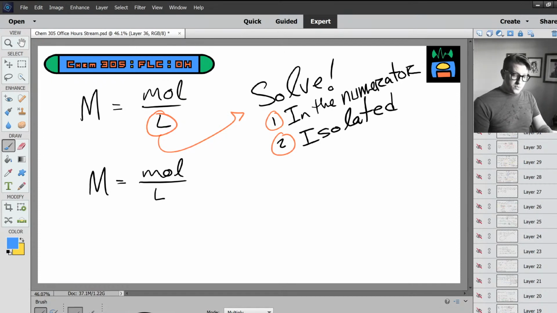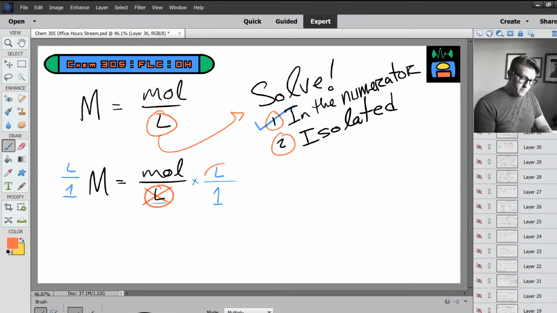So the first thing we need to do is get our liters out of the denominator, so we multiply both sides of the equation by liters over 1. That accomplishes our first step, which is to get our volume out of the denominator. This gives us liters times molarity on the left side and just moles on the right side.